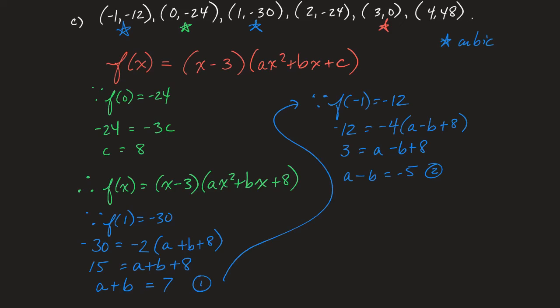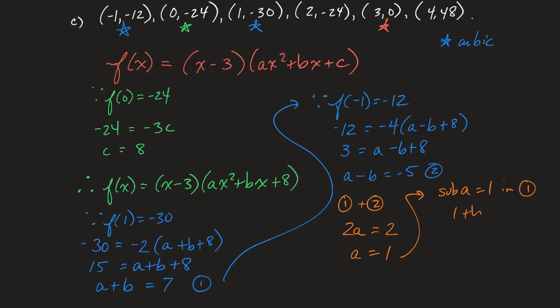We get to that point, and we should be pretty quick then to solve. Maybe I take equation 1 and I add it to equation 2 right now, because that's going to allow me to eliminate my b's. And now I can sub a equals 1 back in, maybe into equation 1.